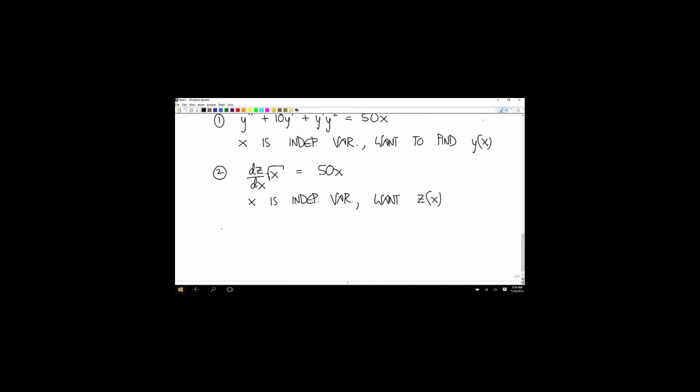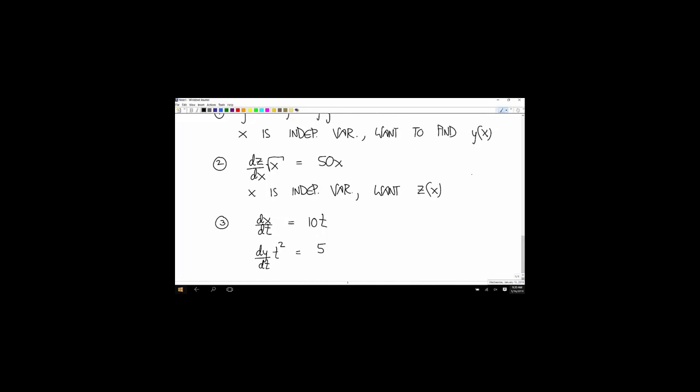Another example we could see is, let's say dx/dt is equal to 10t, and dy/dt times t squared is equal to 5. Is that an ordinary differential equation or a partial differential equation? This is an ordinary differential equation.